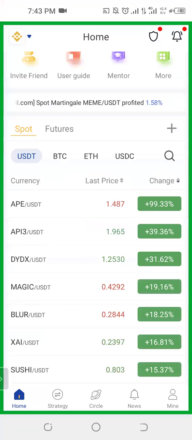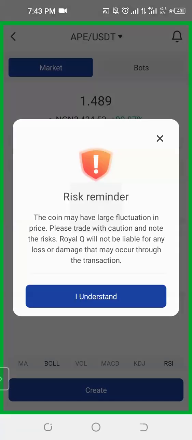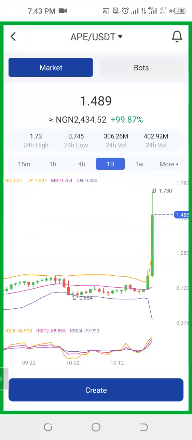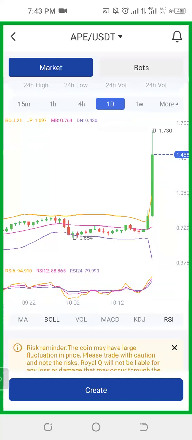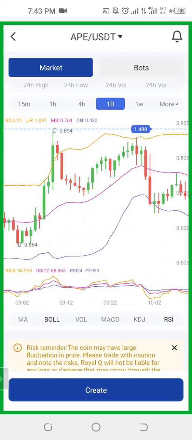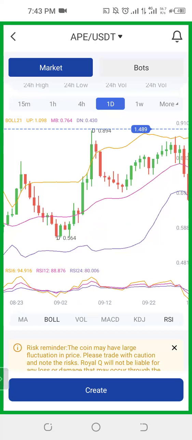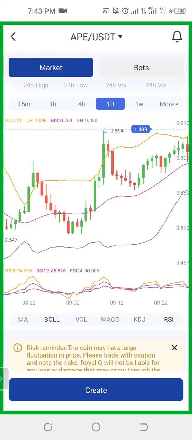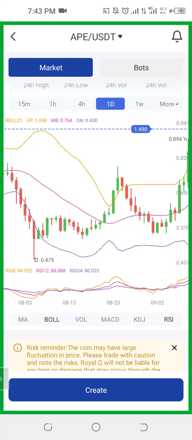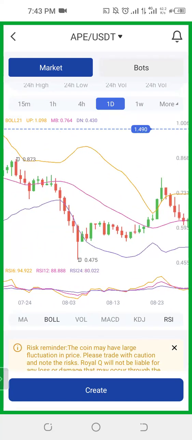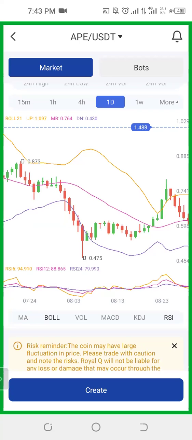Okay, let me go to this corner that I've pumped, to see whether we can identify the kind of candle I will talk about. I think one is here. This is on a 1-day chart.